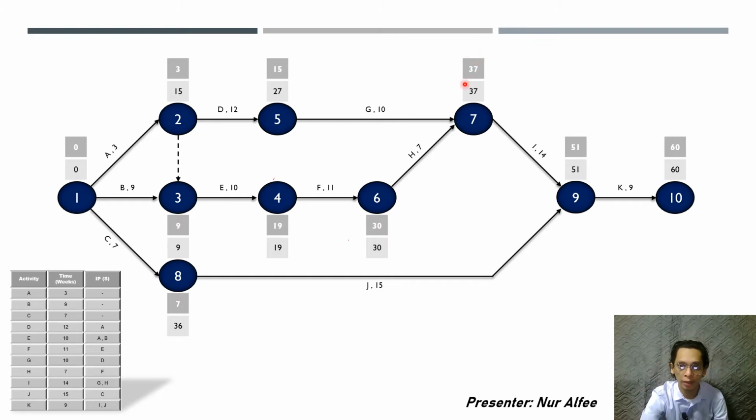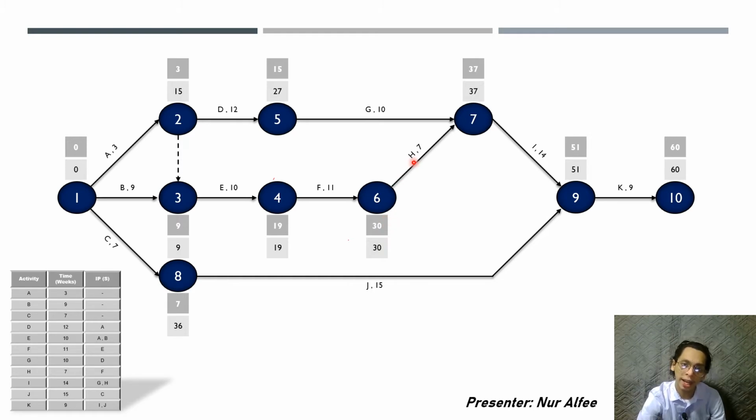We're not going to write it here, because event 7 has two activities, G and H, so we have to decide which is the longest. So we proceed from activity B. The third event has an EET of 9 weeks, plus 10 equals 19, and then 19 plus 11 equals 30.